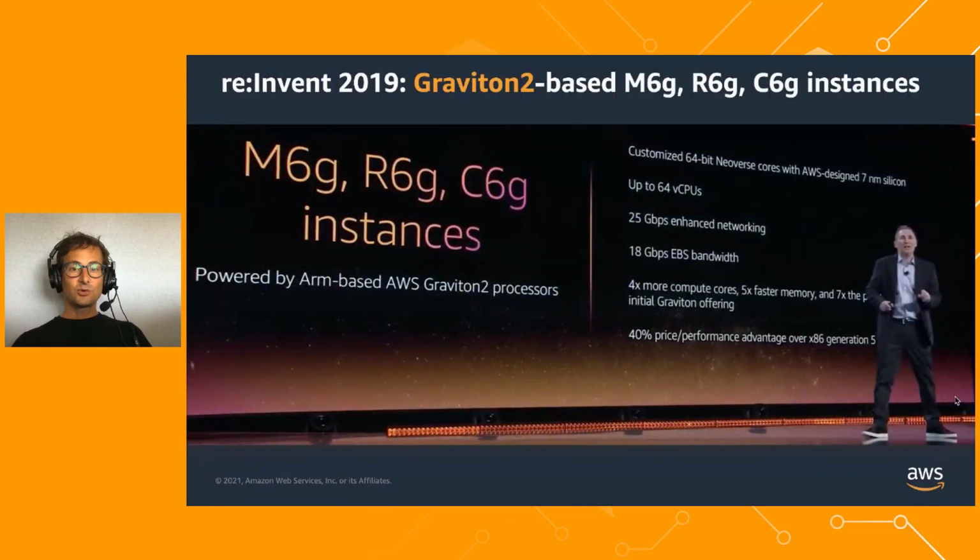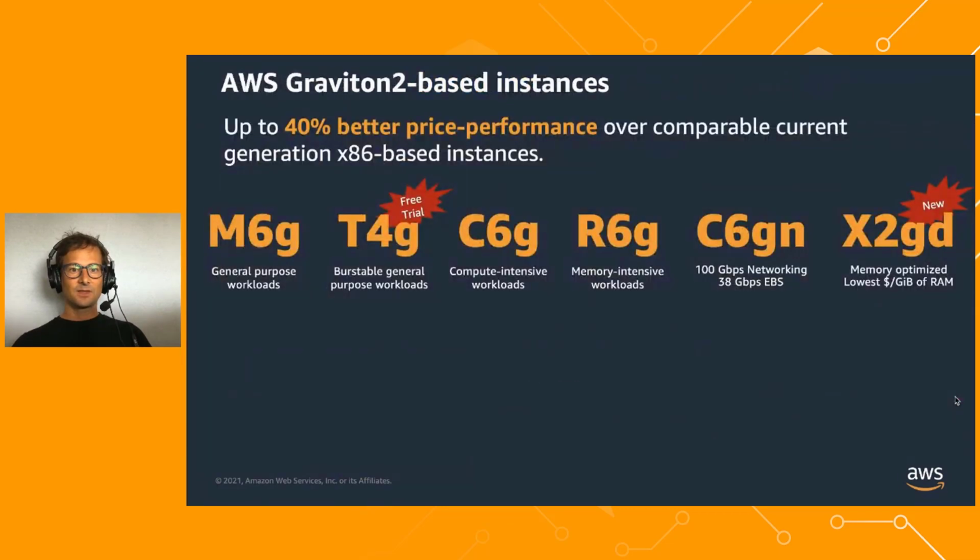The Graviton2 processor was announced at re:Invent in 2019, and it's powering the M6G, R6G, C6G, T4G, C6GN, and X2GD instances.